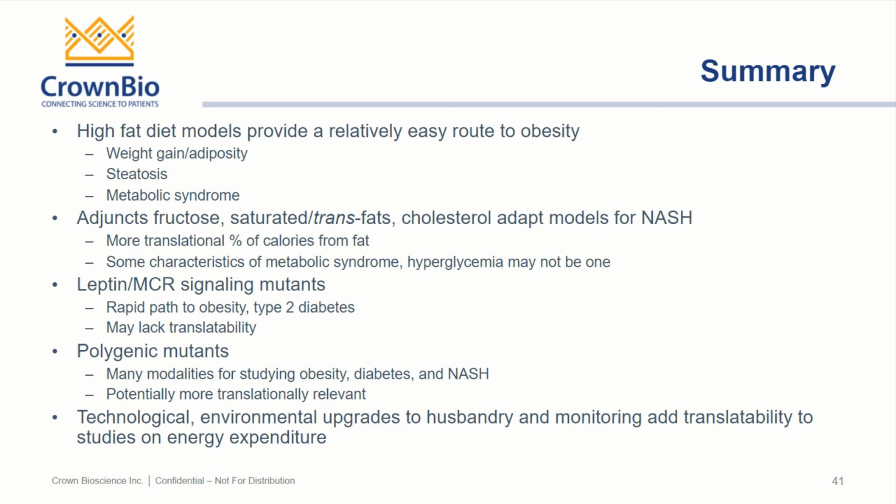Leptin and MC4R signaling mutants can offer a rapid path to obesity and type 2 diabetes, but may lack translatability. Polygenic mutants, on the other hand, have many modalities for studying obesity, diabetes, and NASH, and are potentially more translationally relevant. For other considerations, technological and environmental upgrades to husbandry and monitoring will add translatability to studies on energy expenditure.